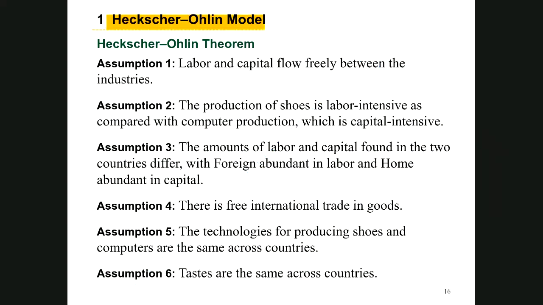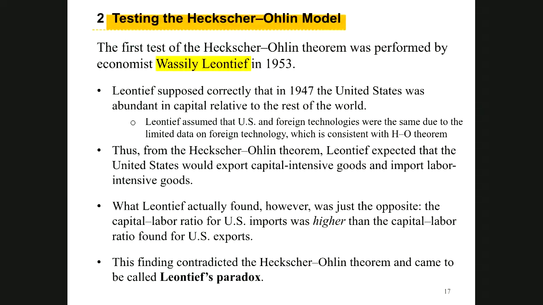Okay, so just very quickly, this is the review, and it's the second part of our lecture last Wednesday. We talked about the test of the Heckscher-Ohlin model. The result of the Heckscher-Ohlin model, as I already told you, is that the capital abundant country exports the capital intensive good. And Leontief found that this is not the case by using data of the United States in 1947.